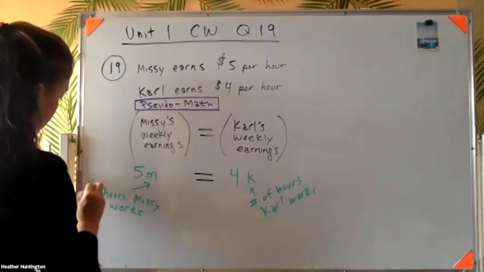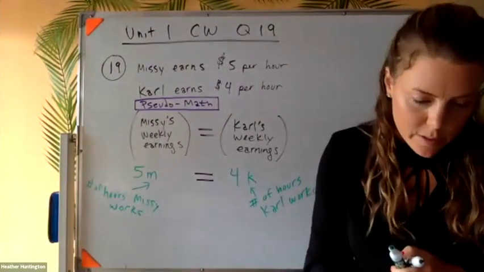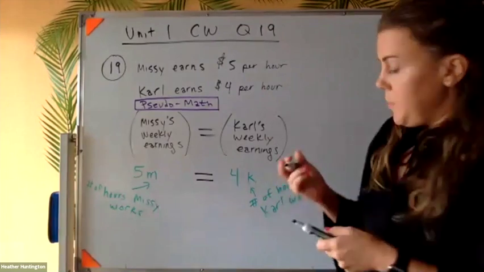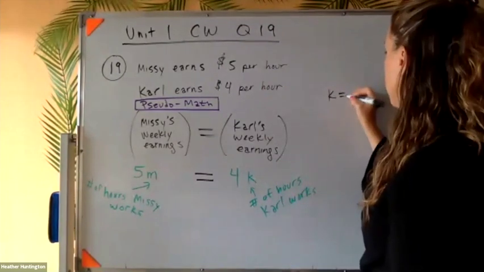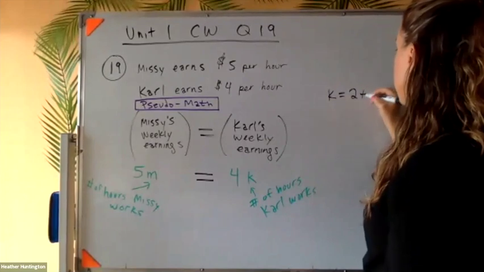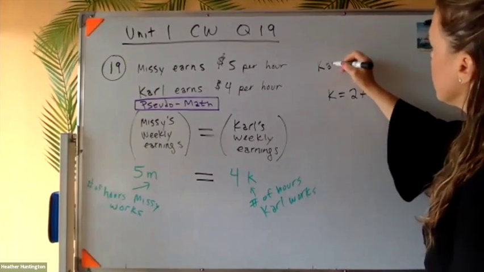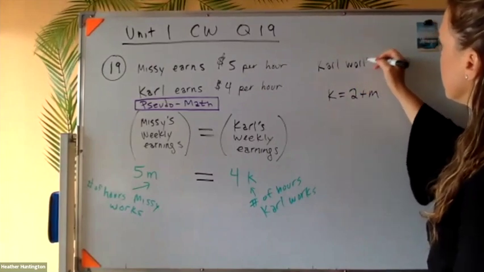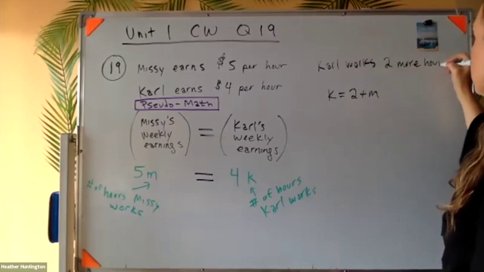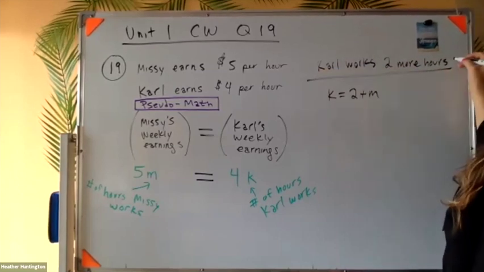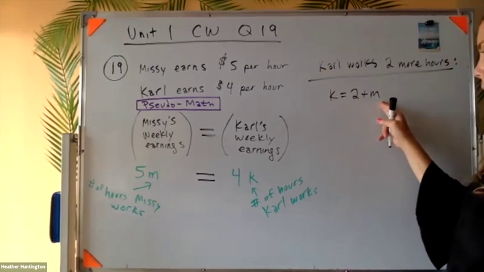Okay, so how can we use that information? Carl works 2 more hours, it says. So it says Carl equals 2 plus Missy's hours. Right, so the number of hours that Carl works is going to be 2 hours plus Missy's hours.